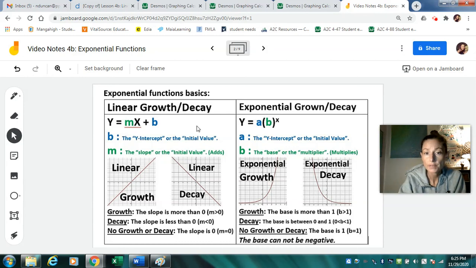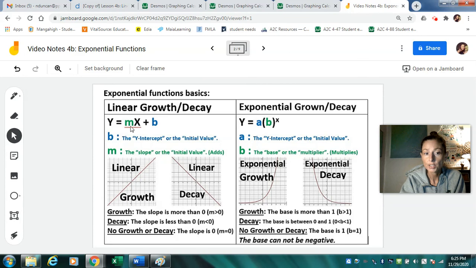And just like linear functions, they have two main parts. So linear functions have a b value that tells you the y-intercept. We also call that the initial value. With exponential functions, this number in front, that's the a value, and it's the same idea. It's your y-intercept, it's your initial value.